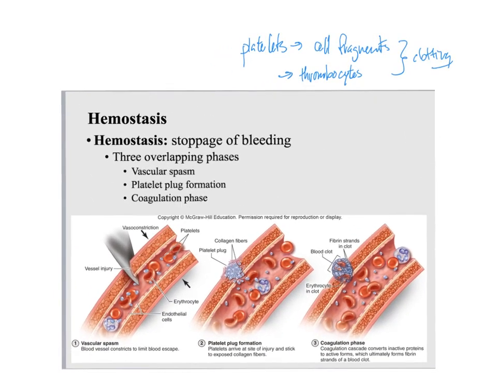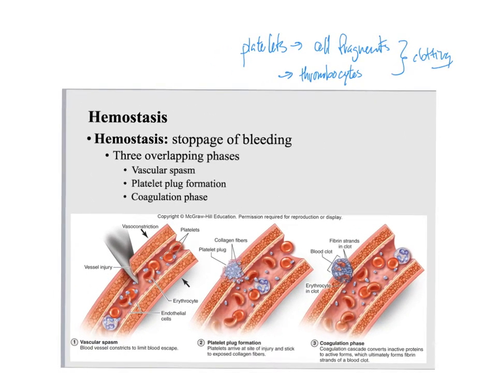So hemostasis is the stoppage of bleeding. Guess what? We're not perfect. We're not going to go through life and never have some type of bleeding. Okay? So luckily, we've also adapted a process to stop bleeding.